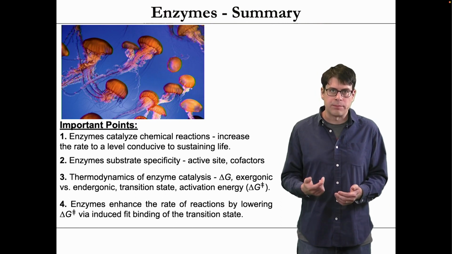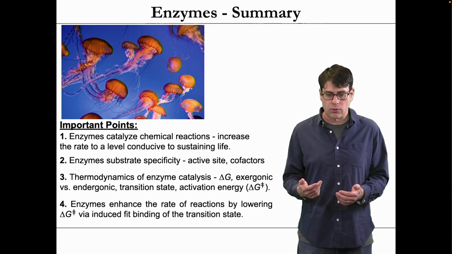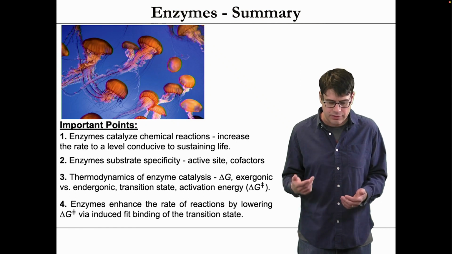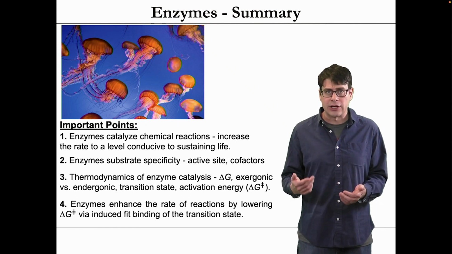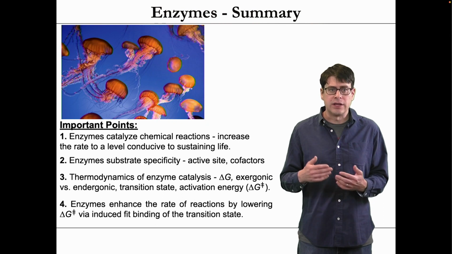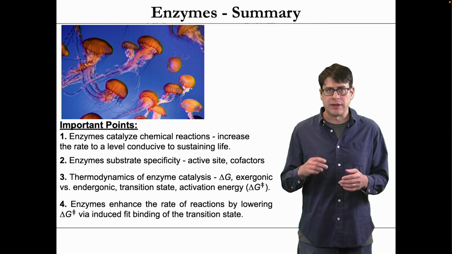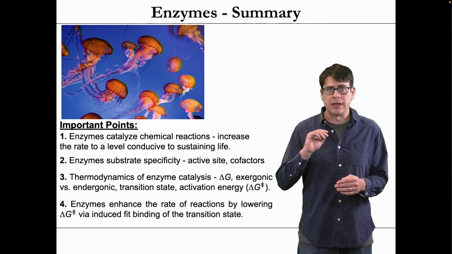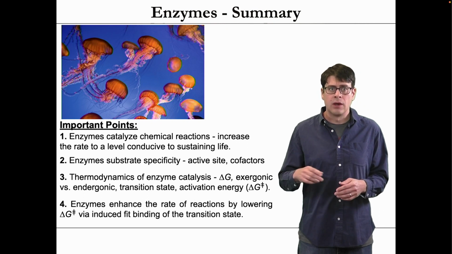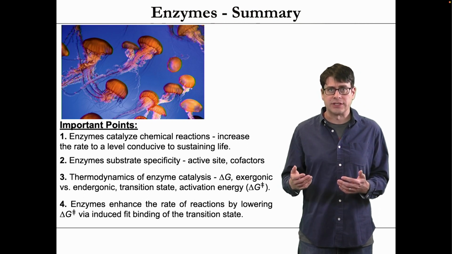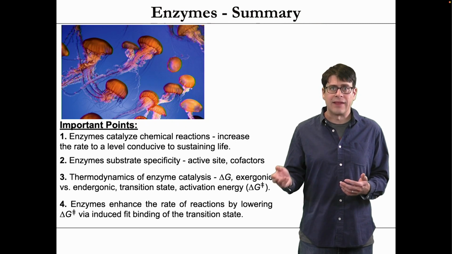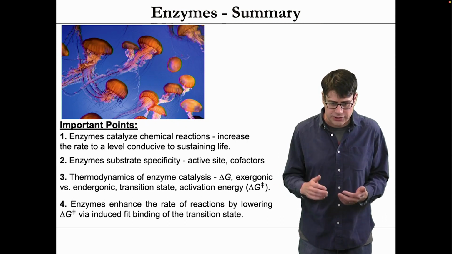You also need to understand the basics of thermodynamics of these chemical reactions. You need to understand the concept of a change in Gibbs free energy, or delta G. You need to know that exergonic reactions have a negative delta G and release energy, whereas endergonic reactions have a positive delta G and require an input of energy.